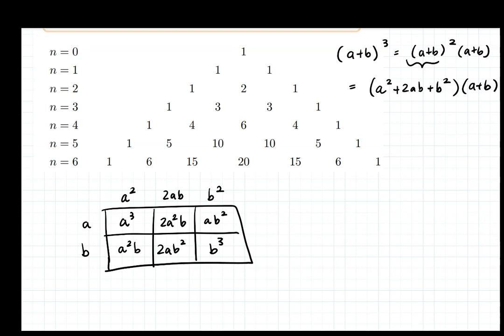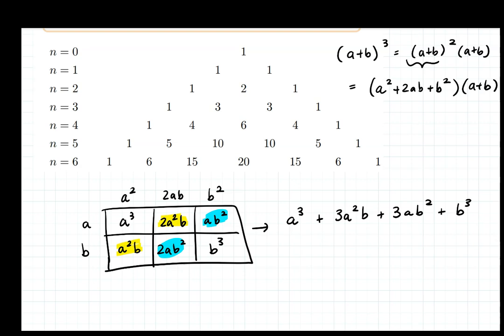Okay. So I'm going to go ahead and combine like terms now, and one of the other reasons I like the box method is because we can kind of see the pattern of where my like terms are. So there's a pair of like terms, and then here's another pair of like terms. So if I go ahead and do that, that's going to give us a cubed plus 3a squared b plus 3ab squared plus b cubed.